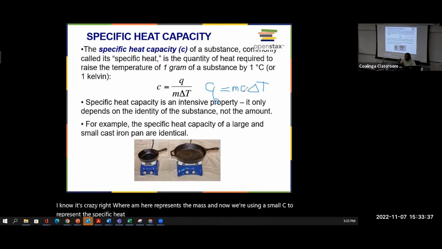Specific heat capacity is an intensive property. That basically means it's not dependent on the amount that you have. It's only dependent on the substance that you have. So is it ice? Is it water? Is it iron? Is it wood?